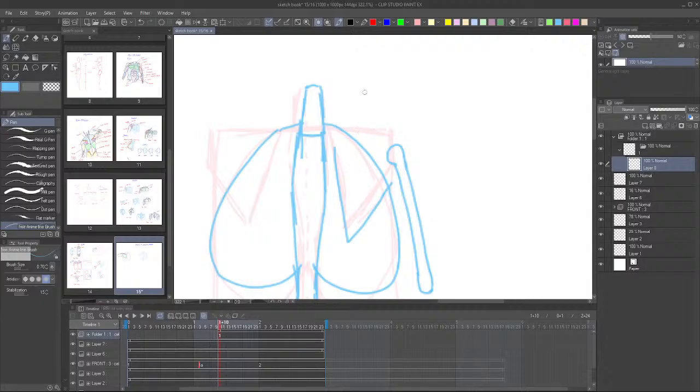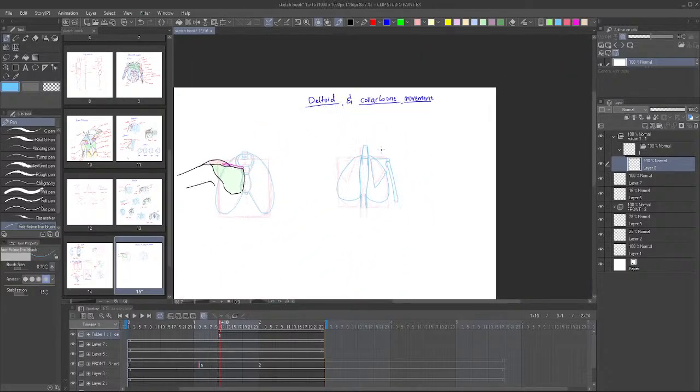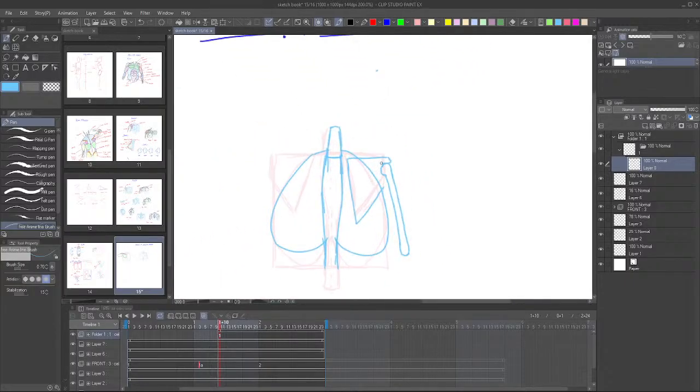The scapula, like that. The scapula is there. The acromion here.